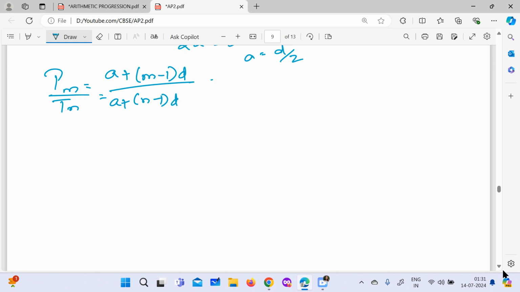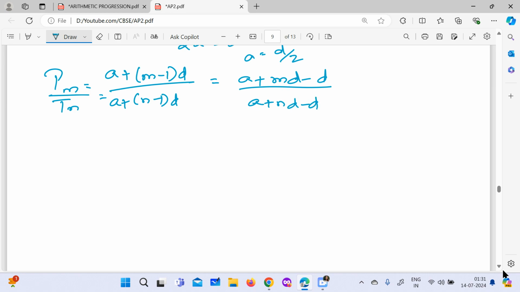Now we will write the mth term. The mth term will be a plus m minus 1 into d, and tn equals a plus n minus 1 into d. So this will be a plus md minus d, and then a plus nd minus d.